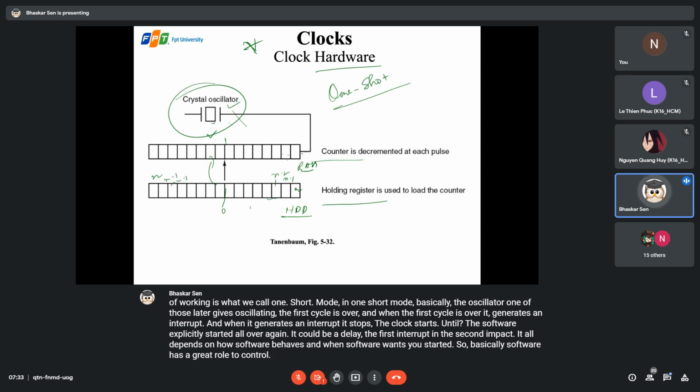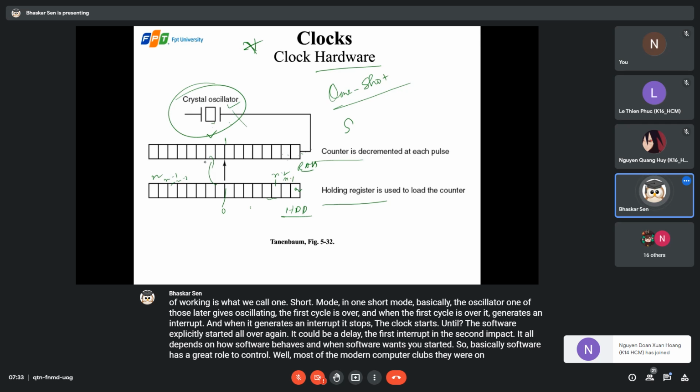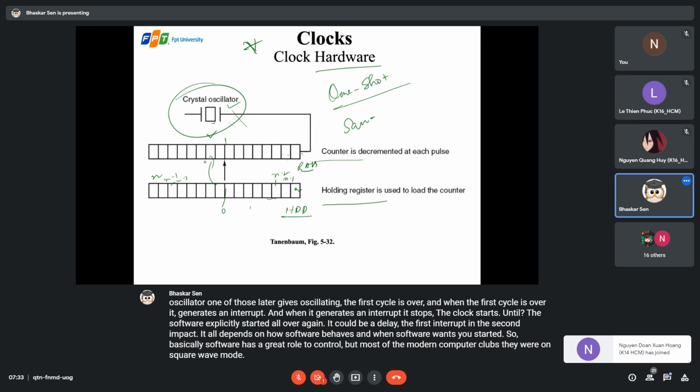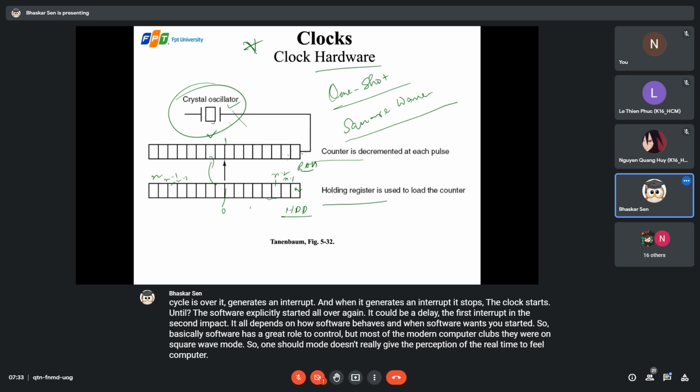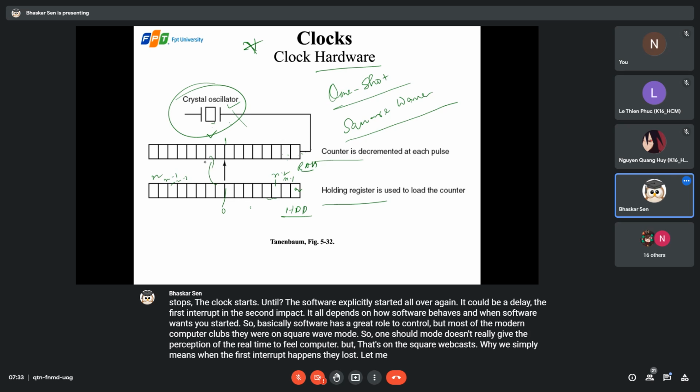Most of the modern computer clocks work in square wave mode. One-shot mode doesn't really give the perception of real time to a computer, but the square wave does. Square wave simply means when the first interrupt happens, the oscillator comes to a standstill.